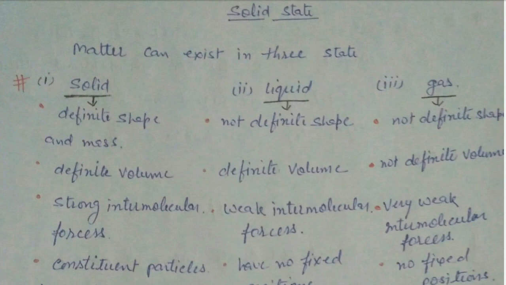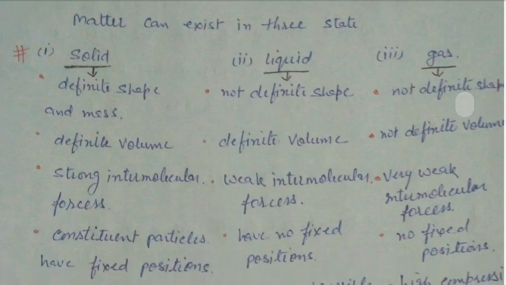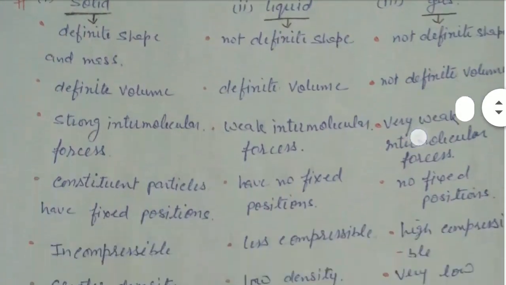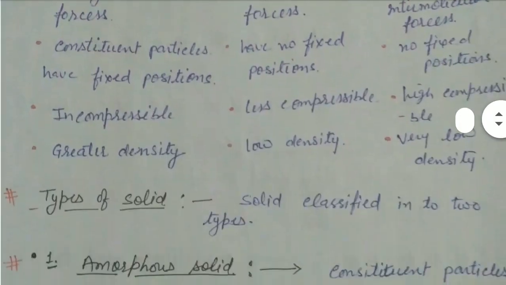Liquid does not have a definite shape. Gas also does not have a definite shape. Solid has definite volume. These are the main properties of the solid, liquid, and gas. But in this topic, we briefly study the solid state.